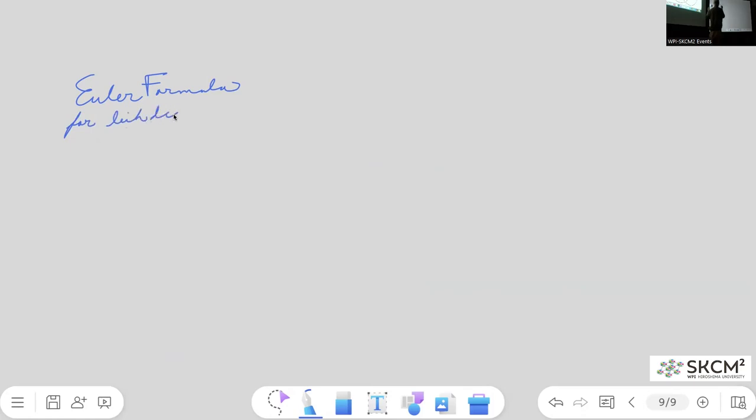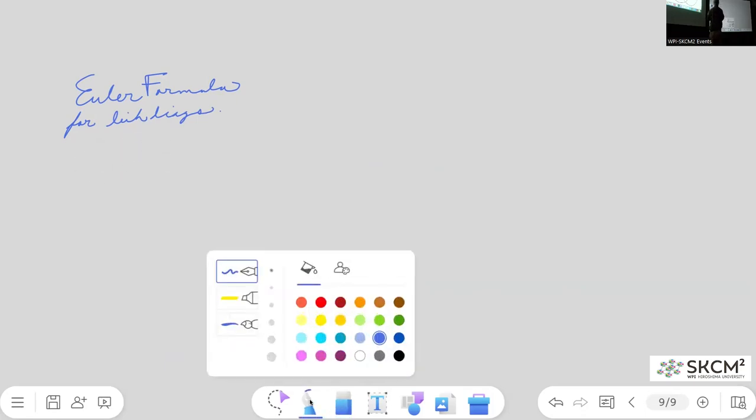Okay. Let me see. There was another one, the Euler formula for link diagrams. So now what we're thinking about are things like this.